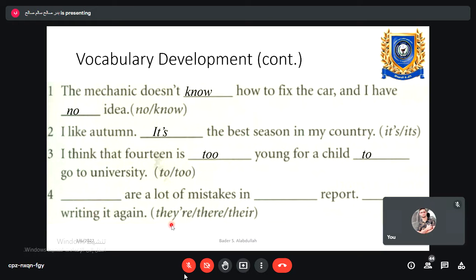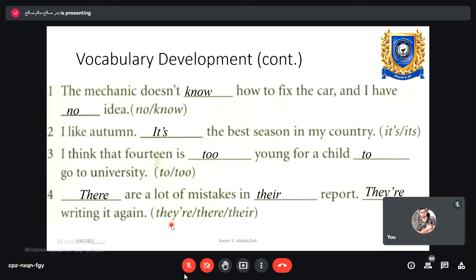Their report, the third one. So that will leave they're for the last blank. There are a lot of mistakes in their report. They are writing it again.